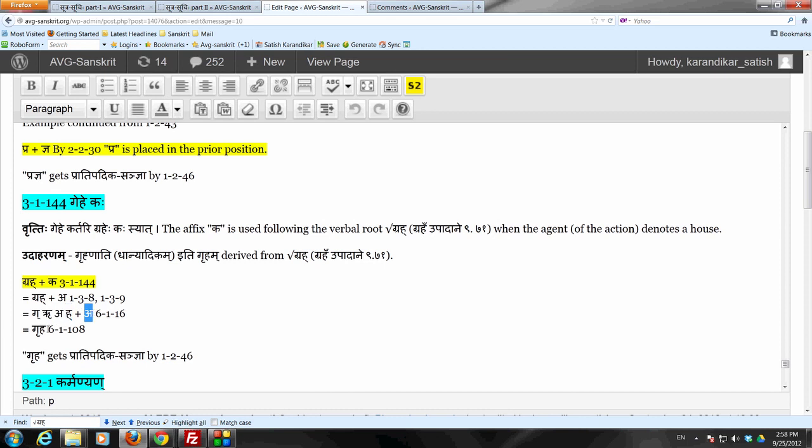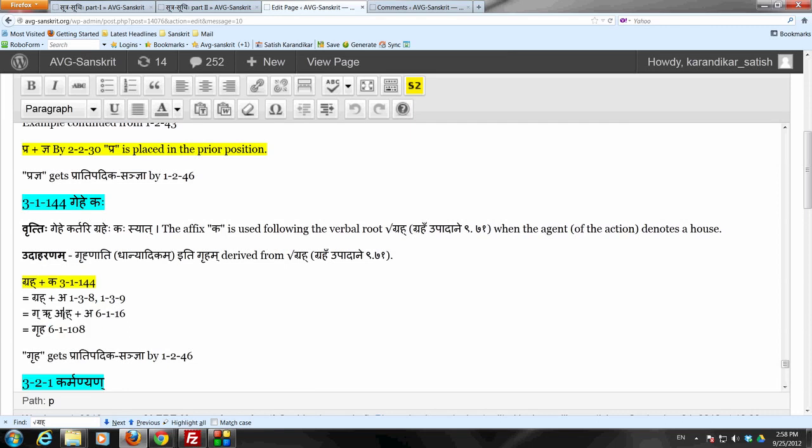And then samprasaranacha. Anytime there is samprasaranam, we have to always remind ourselves to apply samprasaranacha. Otherwise, if these two combine again by iko yanachi, it will just reverse the samprasaranam process. So that is why we always apply samprasaranacha.